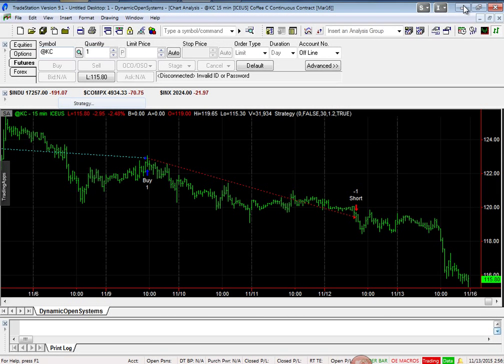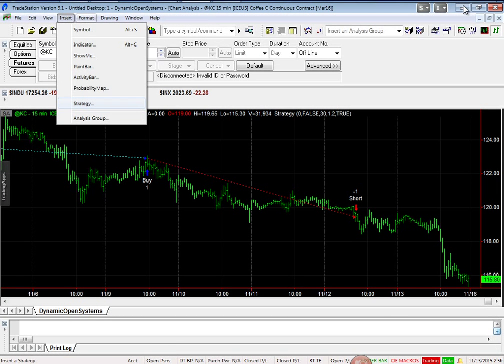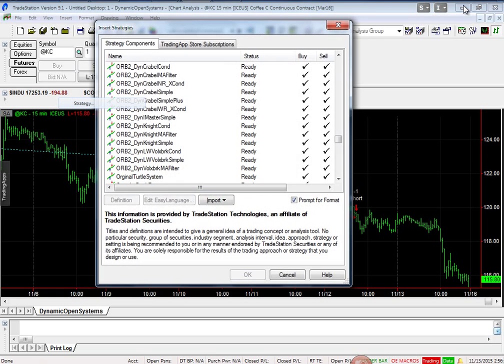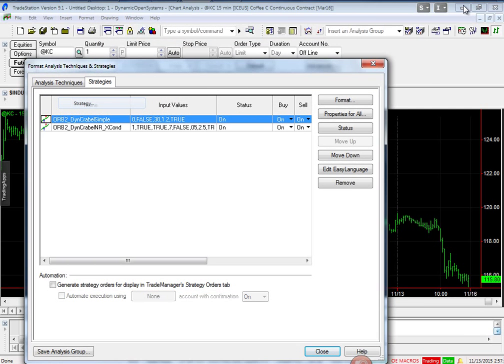Okay, now our next step is we're going to try to actually build a trading system using this. We're going to pick our Crabel entry on our dynamic open using the NR combination, and conditions we can filter with our exit. We're going to remove the original.